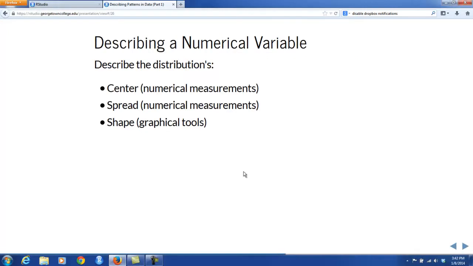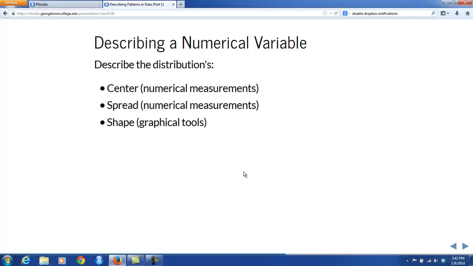When you're describing a numerical variable, you want to describe its distribution. But the distribution of a numerical variable is a richer and more complex thing than that small set of percentages that give you the distribution for a factor variable. It's so rich that we really can't just lay it all out for you all at once.